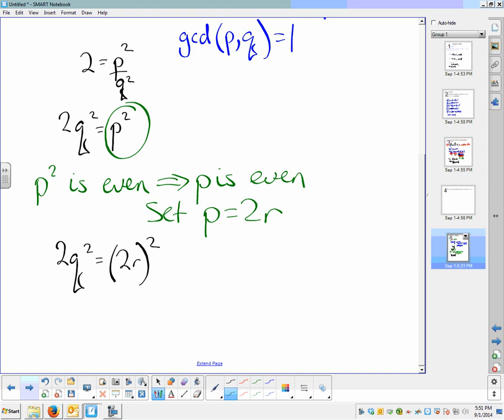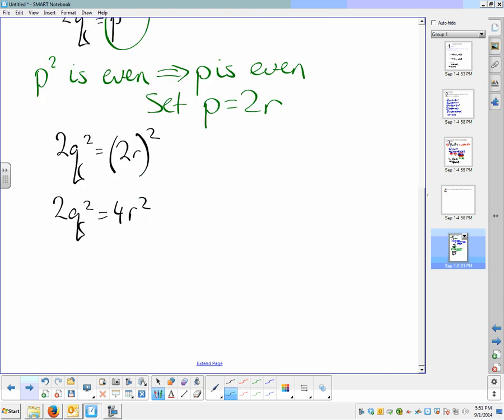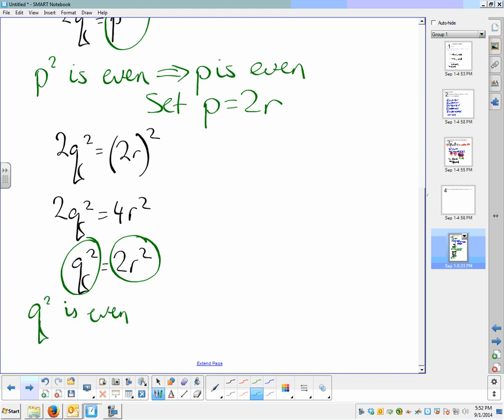And again, just a bit of basic algebraic manipulation. Expand out the brackets on the right hand side, divide both sides by 2. And now I'm in a similar position to what I was before, only this time it's clear that q squared must be even if it's equal to 2r, which in turn implies that q itself is even.